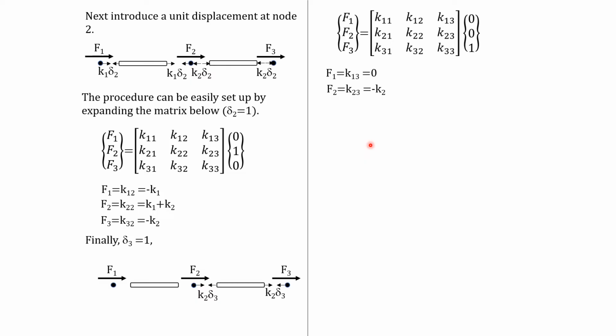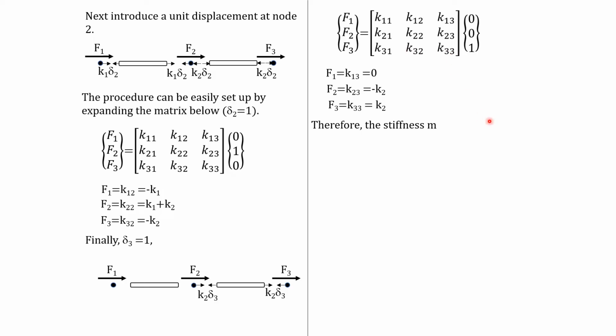Then F3 is equal to K2 delta 3 plus K3 delta 3, and if we consider this expression here, F3 is equal to K2, since delta 3 is equal to 1, and from this matrix here it is equal to K33 also if we expand row 3.